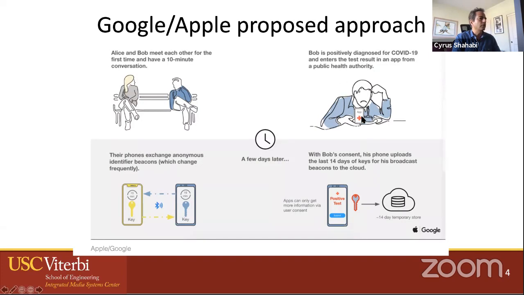Now, if one of these folks later gets sick and announces, either directly or through some health official, that they are a confirmed case, then you release that person's keys for the past, let's say, 14 days. Then in a centralized model, or in some sort of distributed model, your app can check and say, okay, I had these keys in the past 5 days, so I was in contact with this confirmed case. That's the approach of Google and Apple, and mainly this is done to respect privacy.